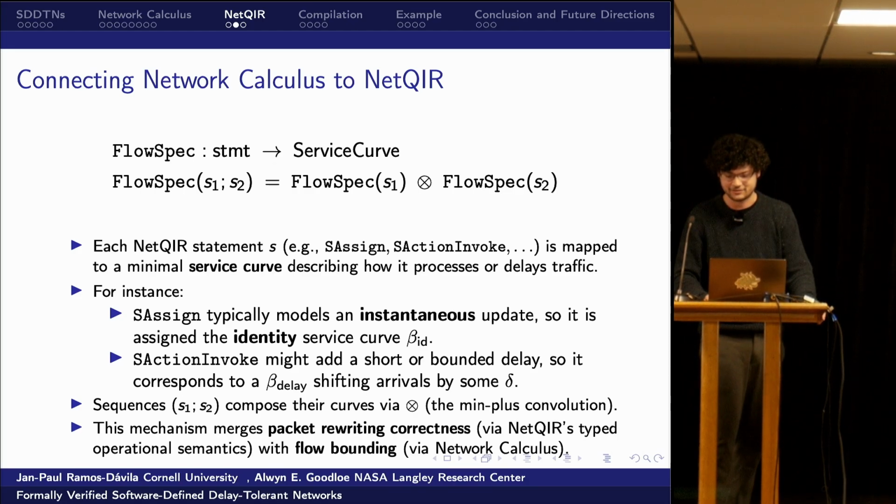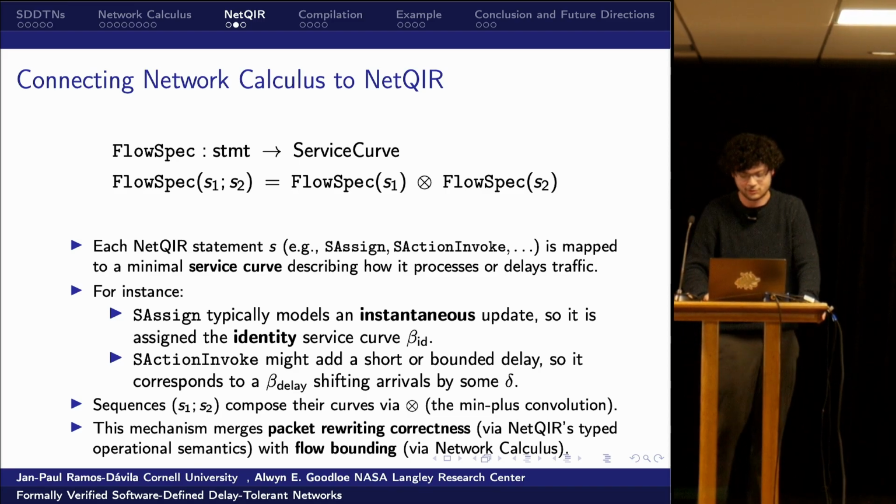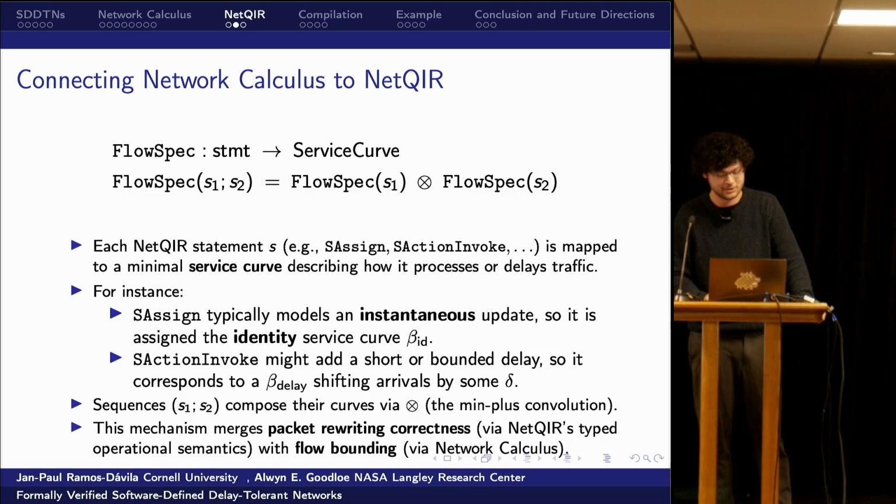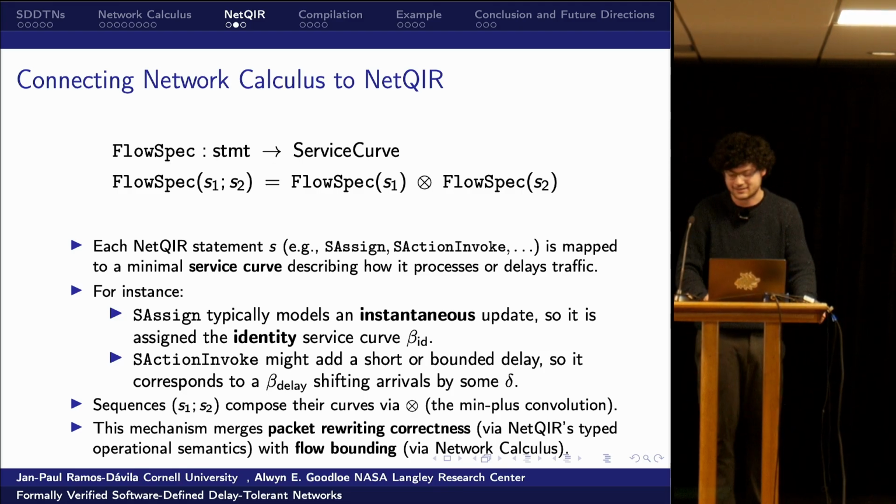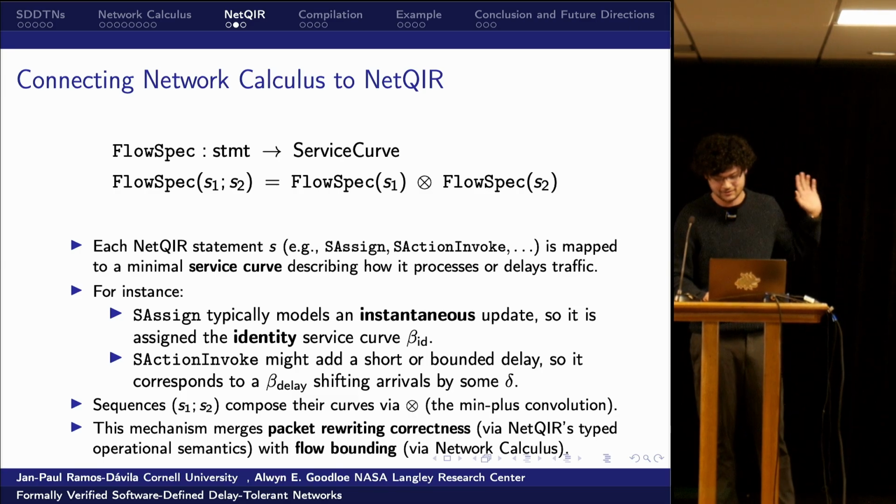So we say, if stage 1, as you can see at the top of the slide, has beta 1 and stage 2 has beta 2, the overall pipeline has then beta 1 convolved with beta 2, connecting the network calculus to this language.